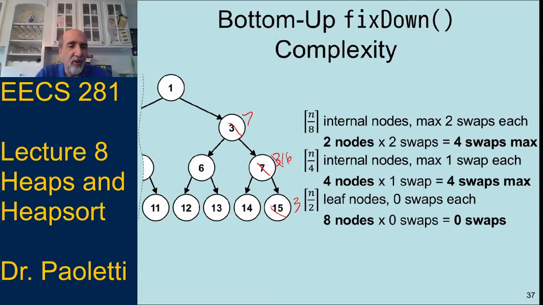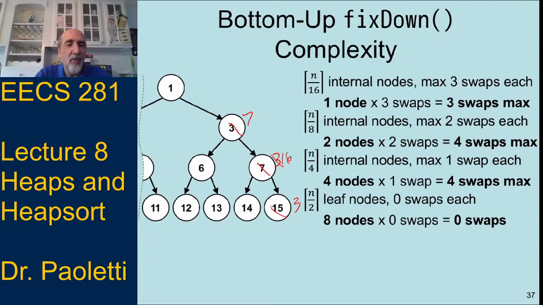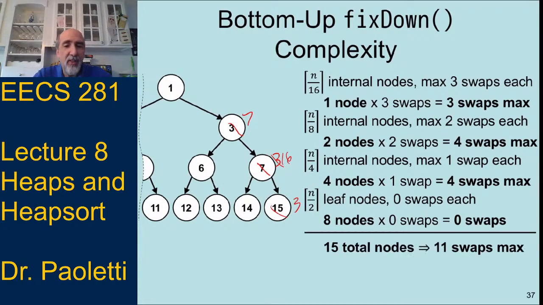Now this one isn't the full example because we would have to do the fix down on each node to begin with. I went from the middle. The root node, or the node above that, and over 16 nodes do a max of 3 swaps each. Now here with the numbers, we add everything up and there were 15 nodes and 11 swaps. That's O of n. That's pretty hand-wavy.